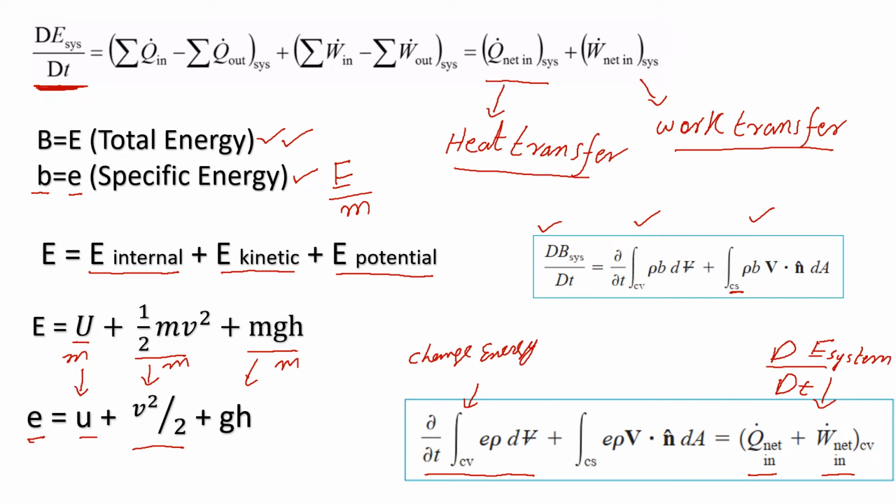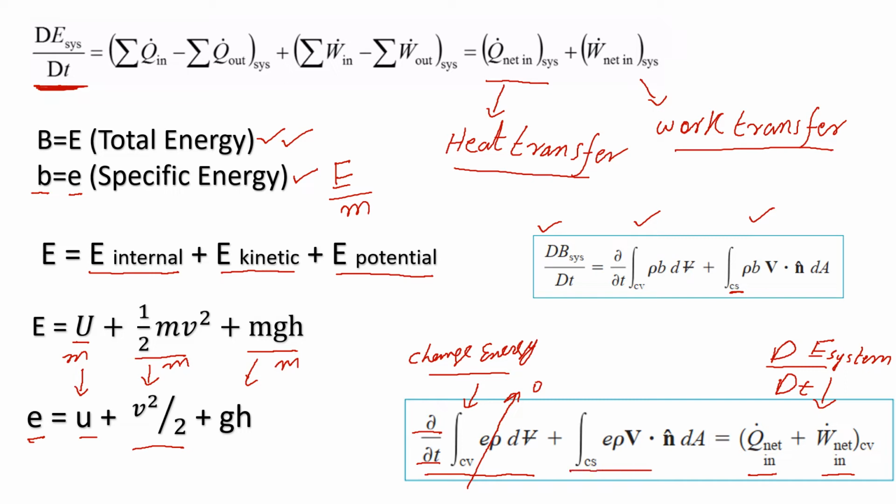So in that scenario, we will equate this to 0, because we've already discussed that in steady state flow the properties do not change with respect to time. So any term that represents change with respect to time will be equated to 0, and this is this term, the partial change with respect to time, representing the change in energy inside the control volume. So we will be dealing with steady state flow problems, so we will equate this term to 0.